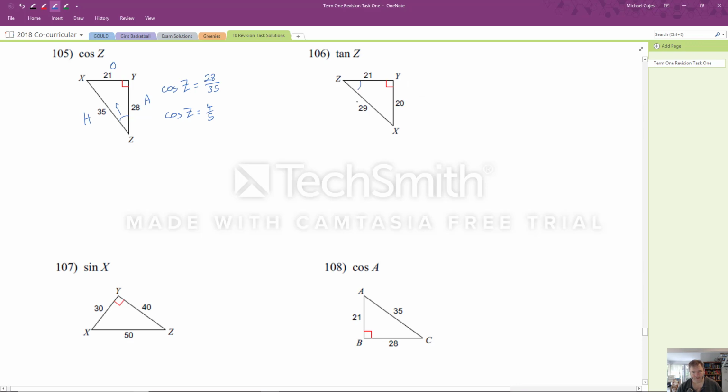Find the tan of Z. You're in the swing now. Let's just do it. You don't need any more commentary. Let's just get a few done. No simplification required.